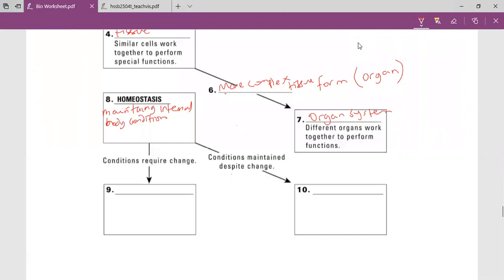When a condition requires change, it's positive. When conditions are maintained despite the change, it is negative.